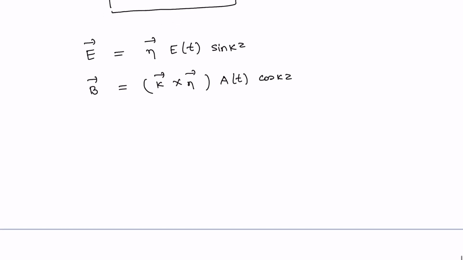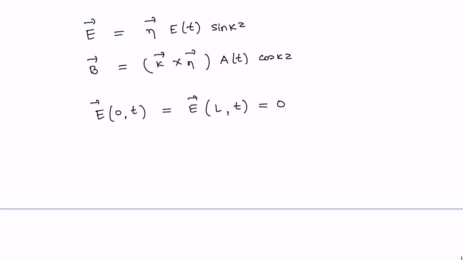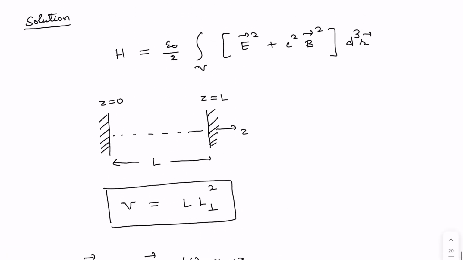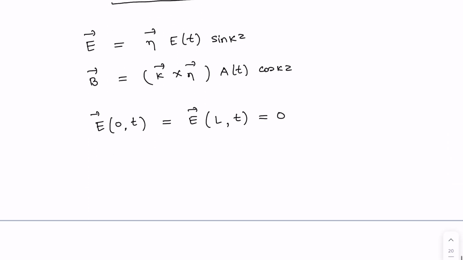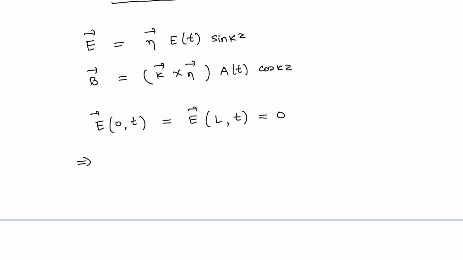And the boundary conditions are, because the electric field has to be 0 at z equal to 0, and at the other end, that means at the other mirror which is situated at z equal to L, both of them should vanish, the electric field should vanish. Because of the expression of the electric field, we can then write that sine kL should be equal to 0, which is equal to sine of m pi.